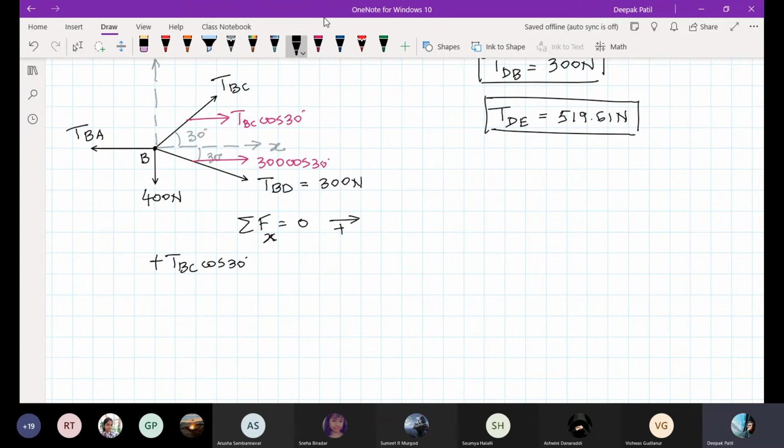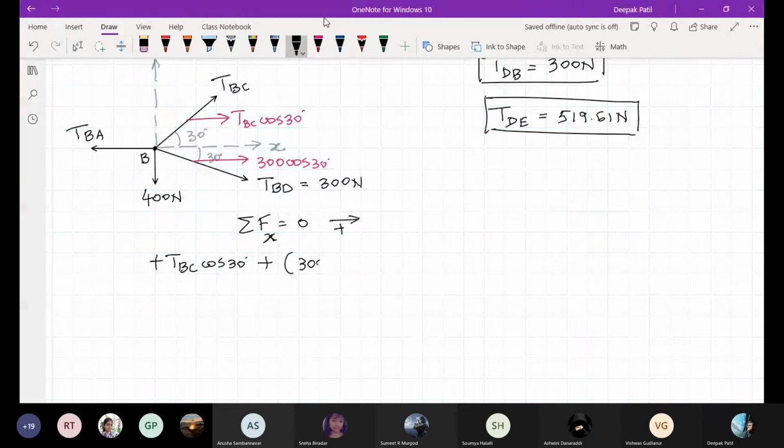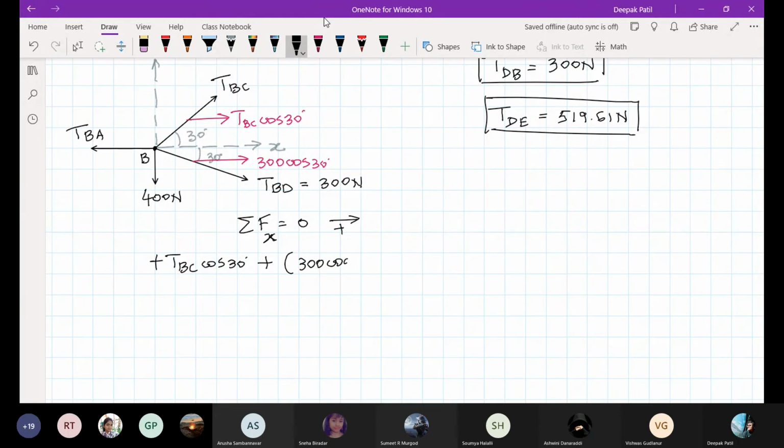And this also will be plus because that is also in a positive sense. So plus 300 cos 30. And this TBA should be taken as negative, so I should write it as minus TBA equal to 0. So let me put it in a simplified form.